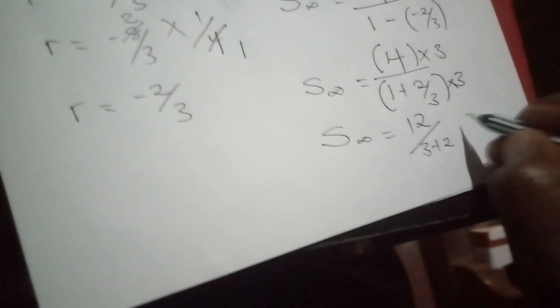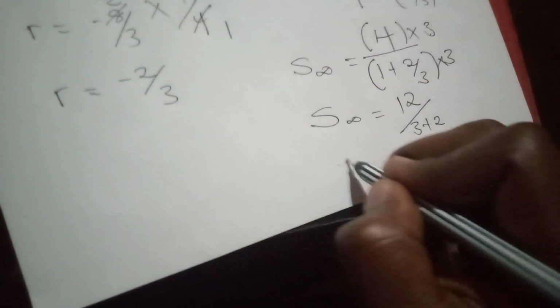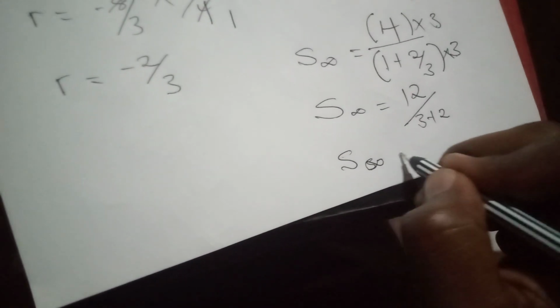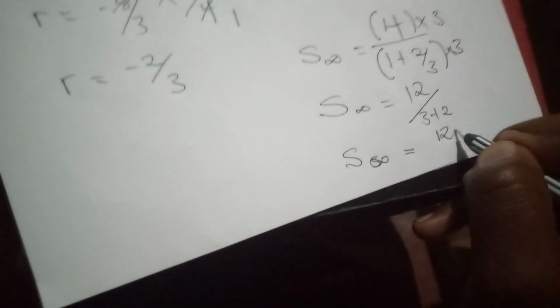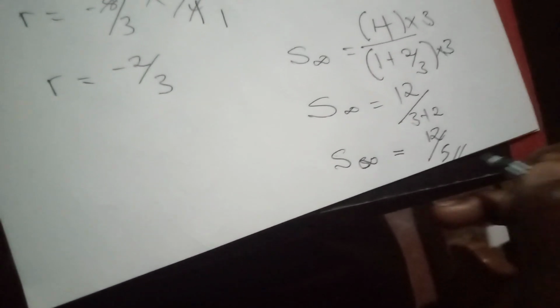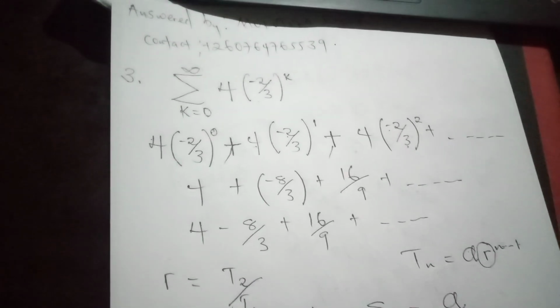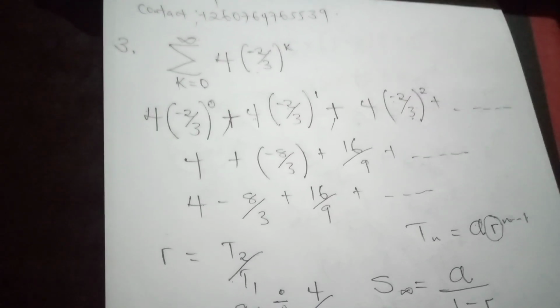So I'm having my sum to be 12 over 5. This is my final answer as my sum. So that is the way it was supposed to be presented. We can proceed to the next question.